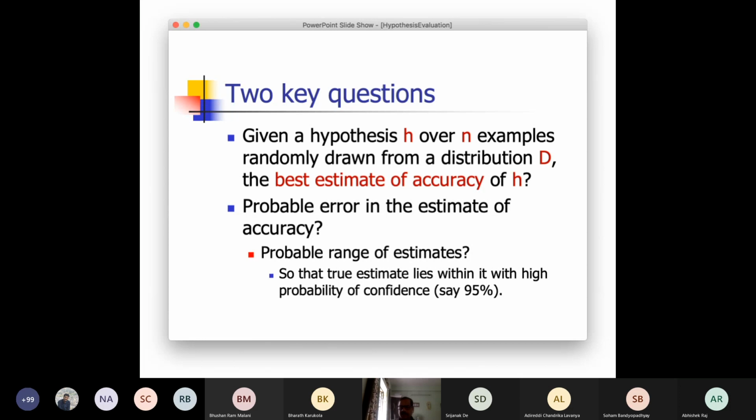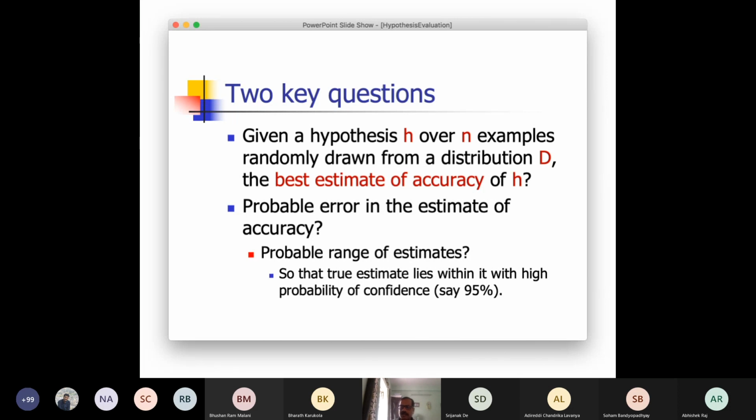So if I do experimentation, if I randomly draw test samples from these distributions, and consider that they are labeled with true labels, then you can estimate the accuracy.